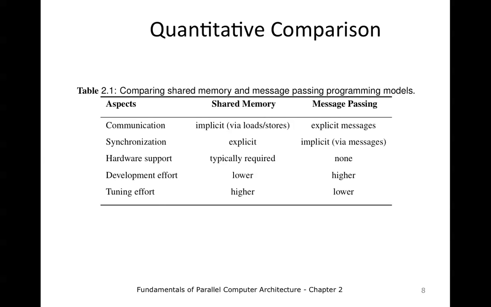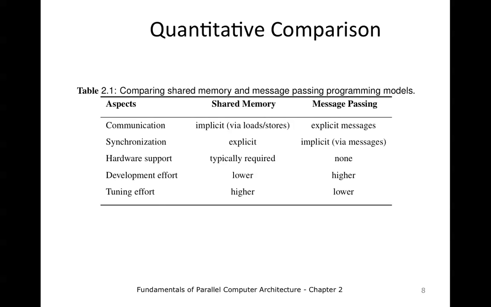However, during the tuning effort, that's when all these things that are hidden in shared memory actually matter for performance, and hence the tuning effort is higher. On the other hand, for message passing, programmers already have to think about data layout and data partitioning from the get-go, so the tuning effort is easier.